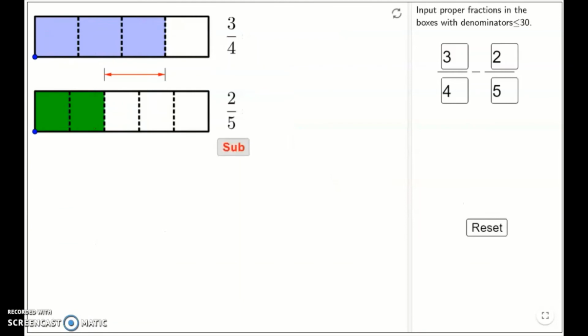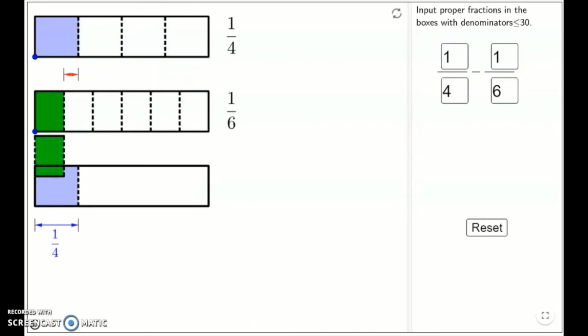And let's try subtracting 1/4 minus 1/6. We need the same number on the bottom. We want the lowest common multiple. So 4 times 6 is 24 would work.